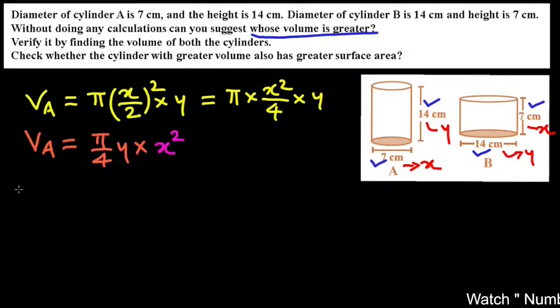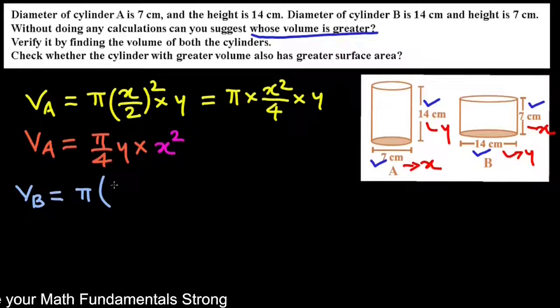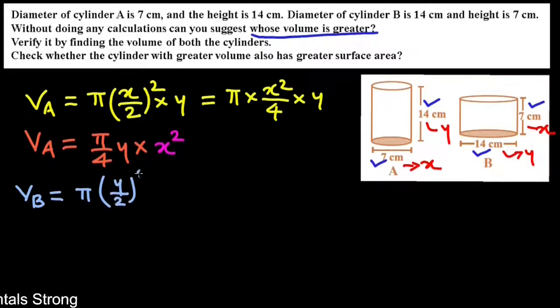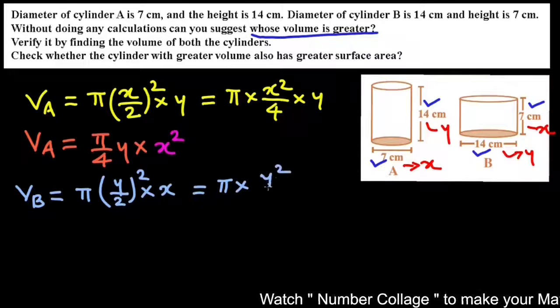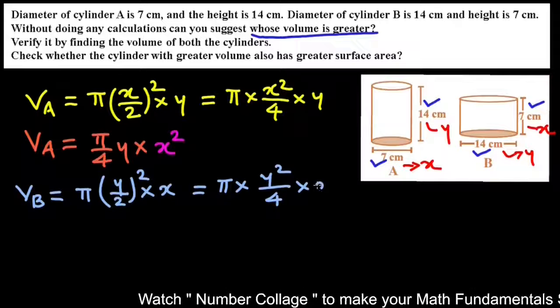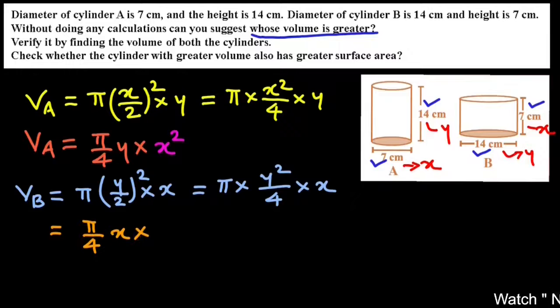Similarly, volume of cylinder B, VB, will be pi into r, which is y by 2 whole square, multiplied by height, which is x. So that will be pi multiplied by y square by 4 multiplied by x. That will be pi by 4 x into y square.